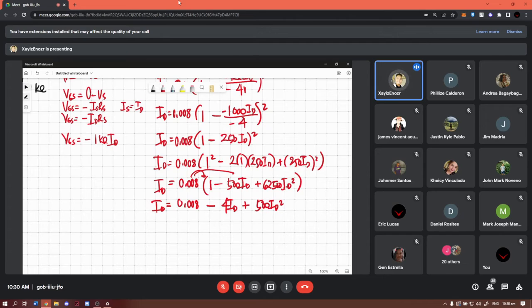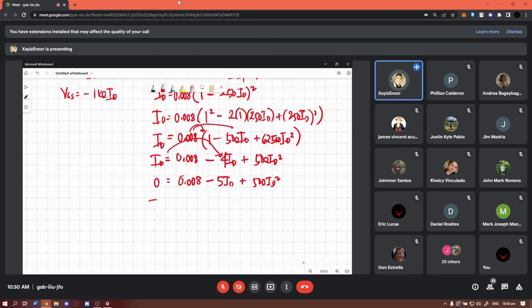Ay, ayusin lang natin. So, transpose ko to. So, magiging 0 is equal to 0.008 minus 4 minus ID nito. So, magiging negative 5 ID plus 500 ID squared. So, ayusin ko lang. Yan na tayong quadratic equation. So, pakihanap yung roots nito. So, makakuha tayong dalawang ID dyan.